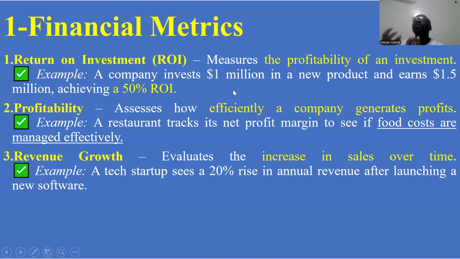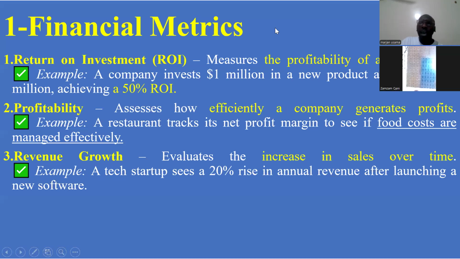So this one, we can use numbers to see if we are doing okay. If I invested 1 million and I am having 1.5 million profit, so I have a profit of 50%. So I can easily say that I can measure my performance quantitatively and say that I have achieved a 50% profit.